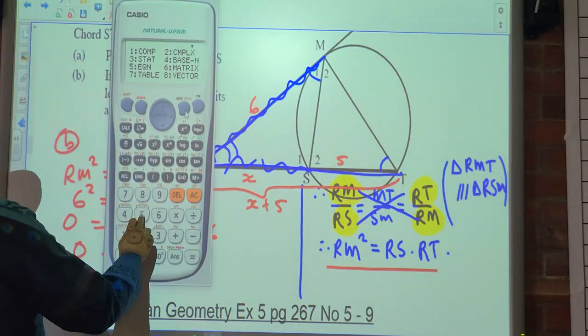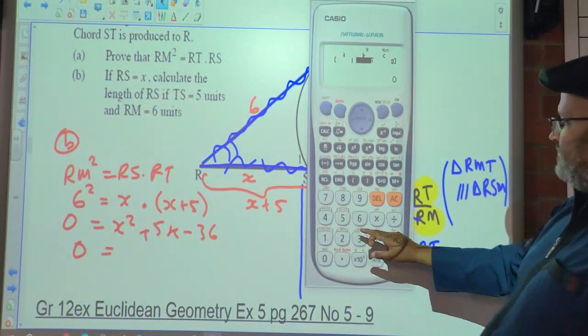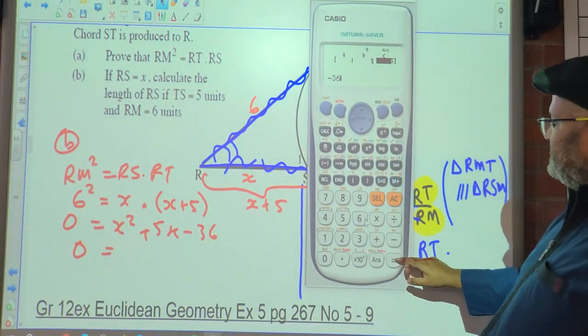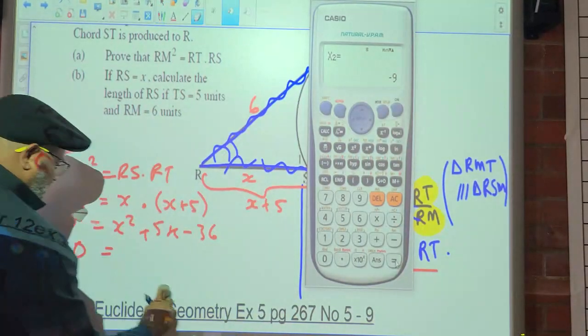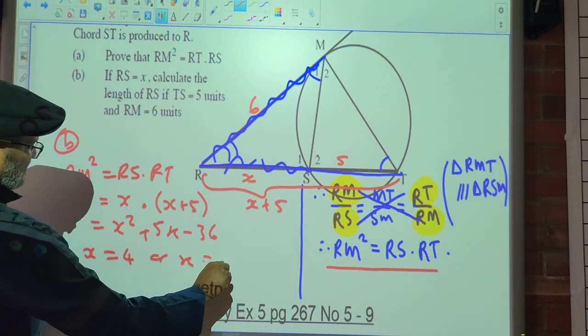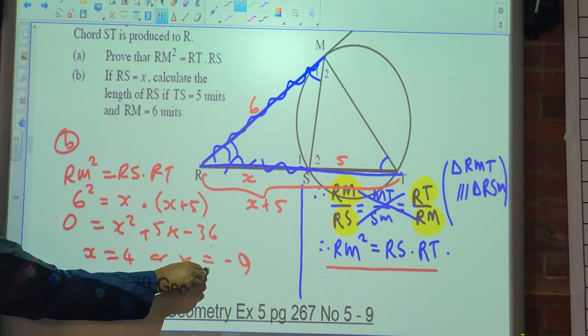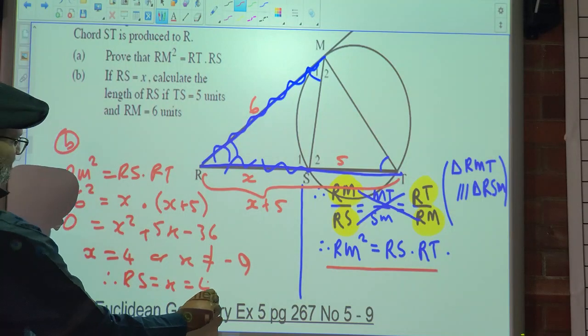So let's take this here. It's 1, 5 and negative 36. It's 9 and negative 4. So x is 4 or x is negative 9. Can x be negative? No. So therefore RS, which is x, equals 4 units.